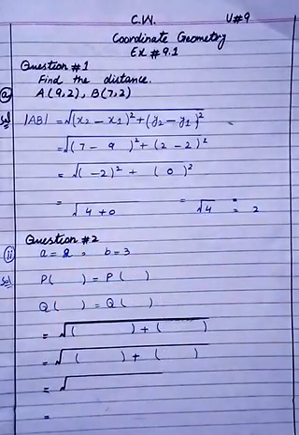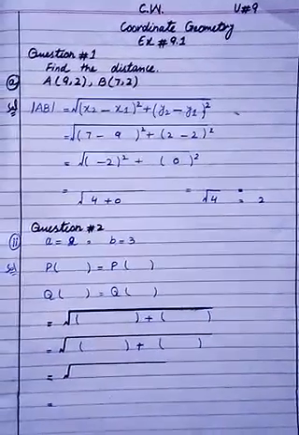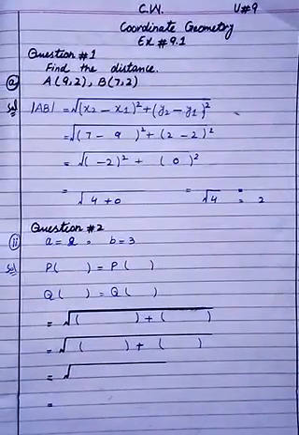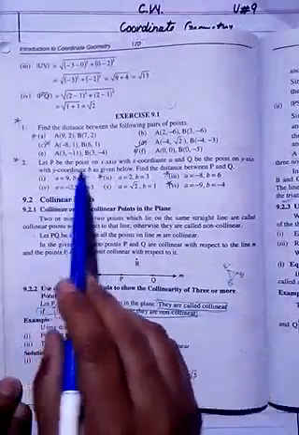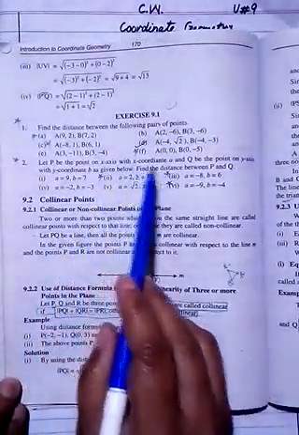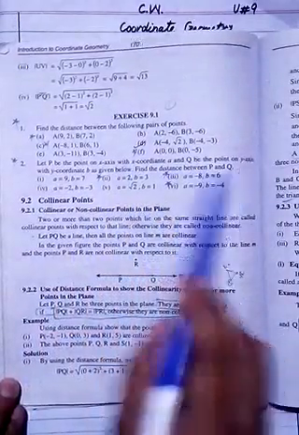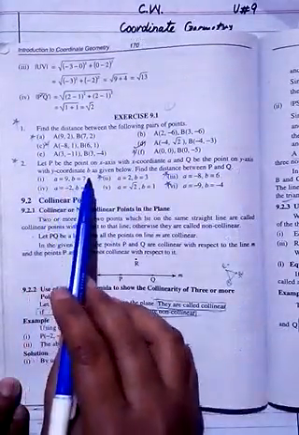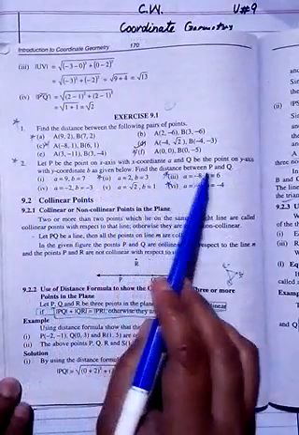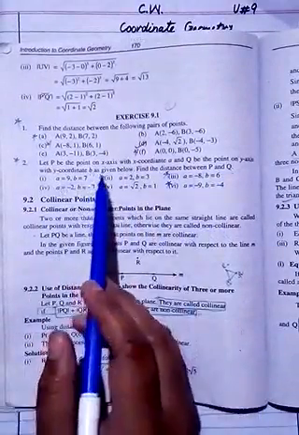Now let's see question number 2, part 2. Let P be the point on the x-axis with x coordinate a and Q be the point on the y-axis with y coordinate b, as given below. Find the distance between P and Q. Now understand this point.